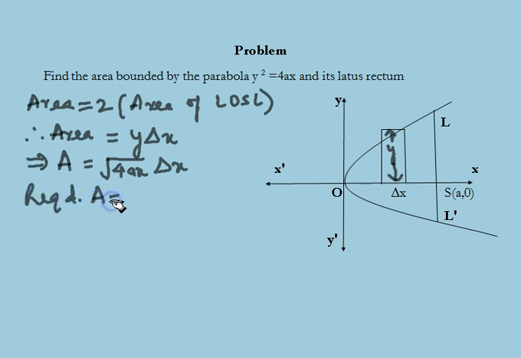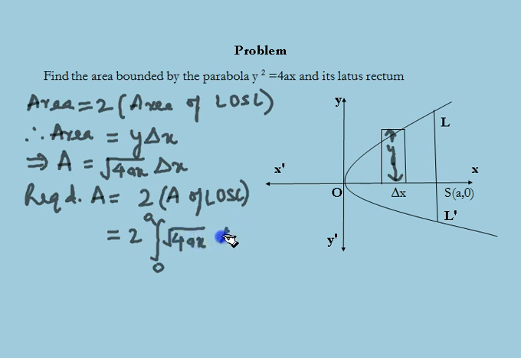area is equal to twice the area of LOSL. This is equal to twice the integral with limits 0 to a of root of 4ax delta x, written as dx. This is further simplified as 4 into root of a into the integral with limits 0 to a of root of x with respect to x.